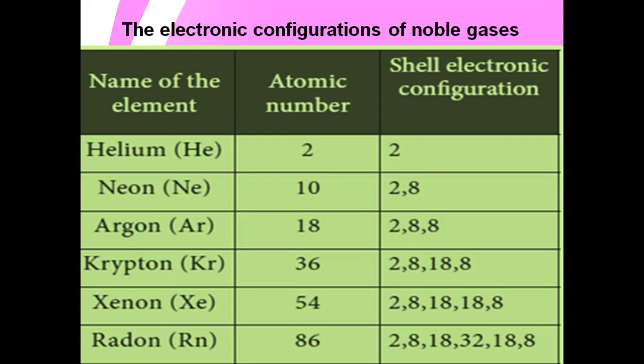Based on the electronic configuration of the noble gases, Kossel and Lewis proposed this law. Already we know that atoms combine to form molecules because they have an incomplete valence shell, and they combine to attain a stable electronic configuration.